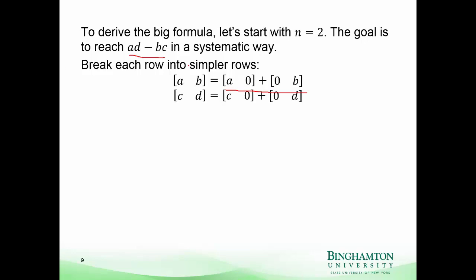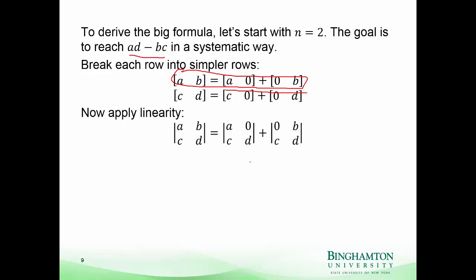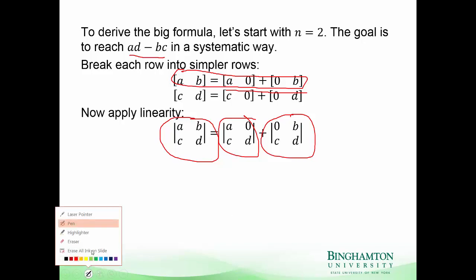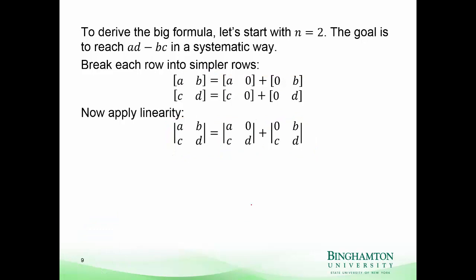Working with this first decomposition, we have the so-called row linearity of a determinant. So now we can say the determinant of this matrix is equal to the sum of these 2 determinants. That's just the row linearity result that we saw earlier being applied.